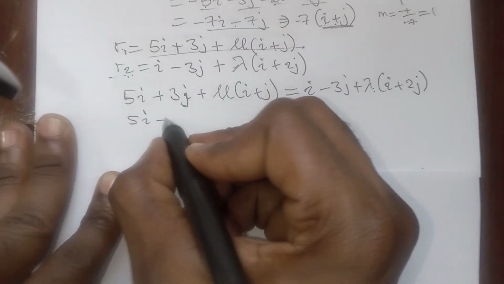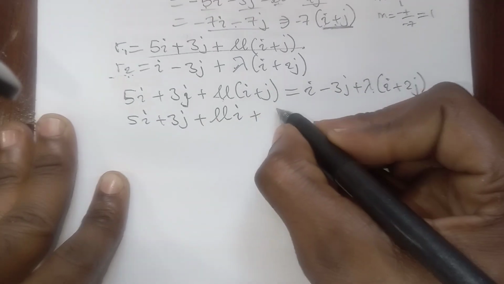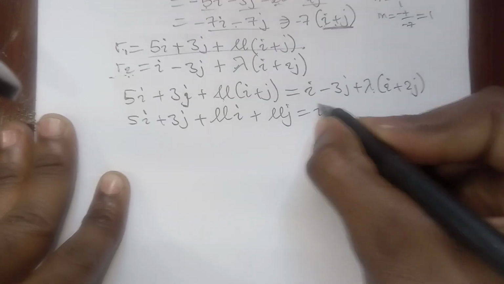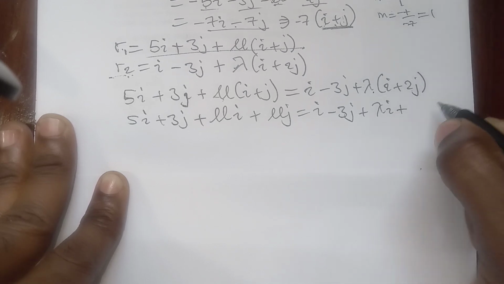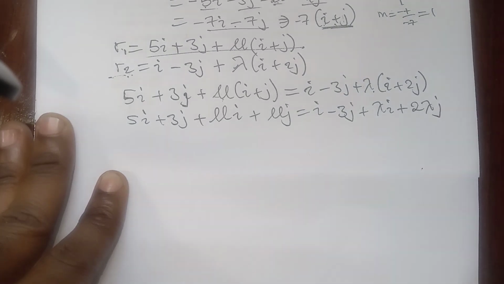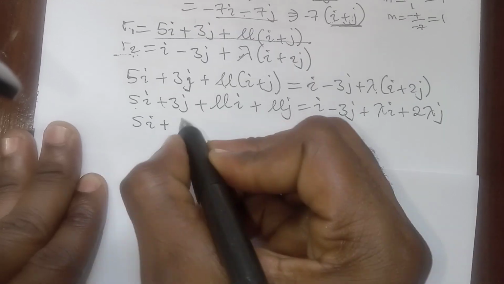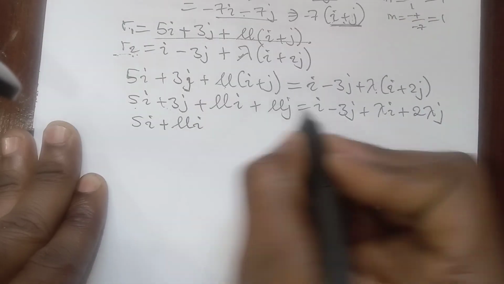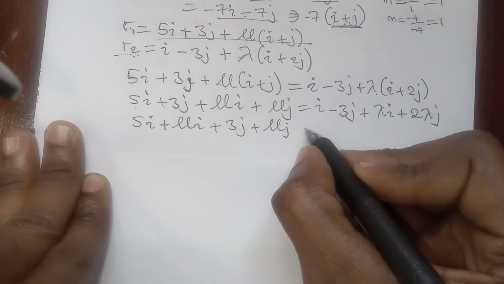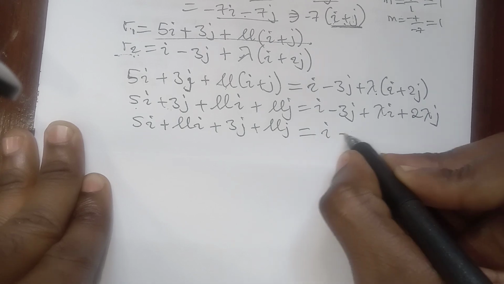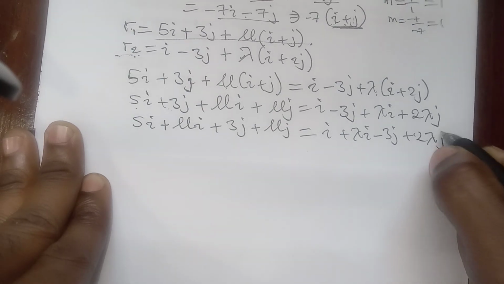So we have this plus 3j. Let me expand this. This will be mu i, and then this will be mu j. And then we have i minus 3j plus lambda i plus 2 lambda j. And then putting the items together, here we have 3j plus mu j, and then we have i plus lambda i minus 3j plus 2 lambda j.